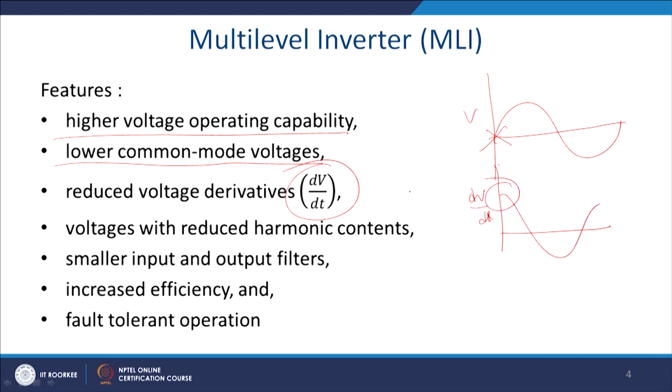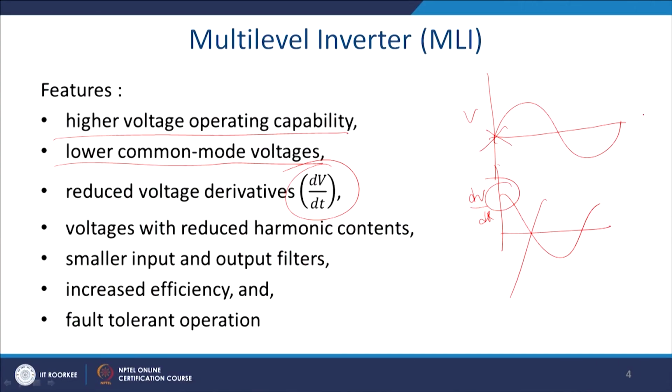When your voltage is low, you get a maximum dv/dt, and when you have a maximum voltage, you get zero dv/dt. That is the beauty of the sine wave, and it is the best substitute for the machines, because it enhances the lifespan of the machine.